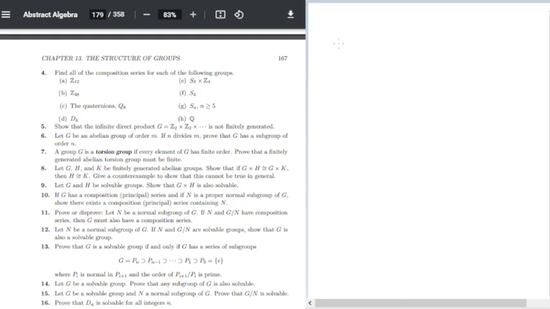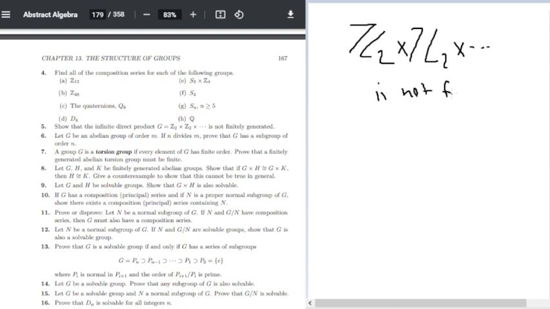So we want to show that Z2 times Z2 times, it's not finitely generated. It's not finitely generated.